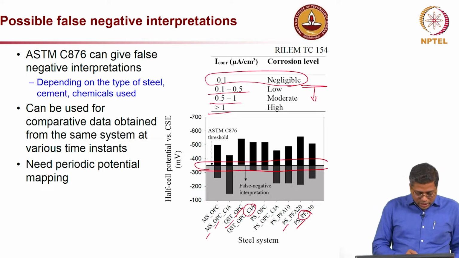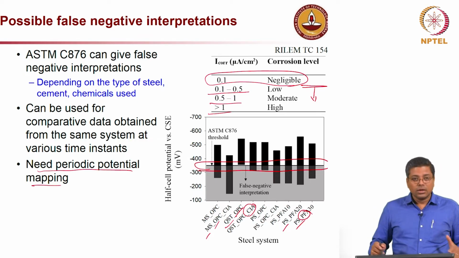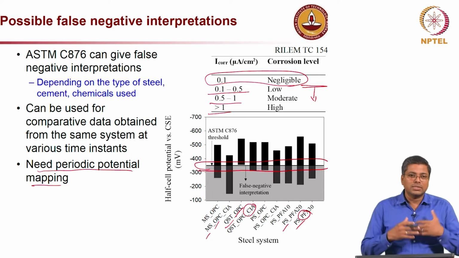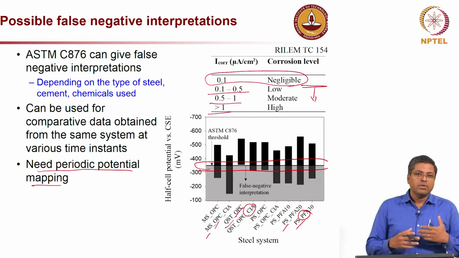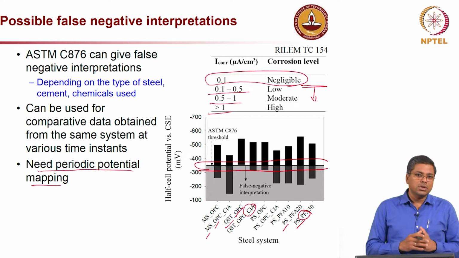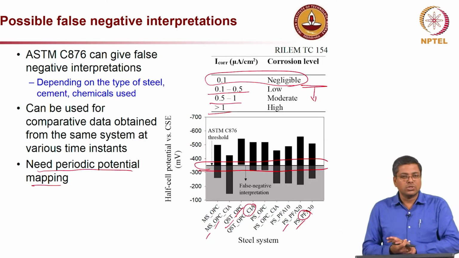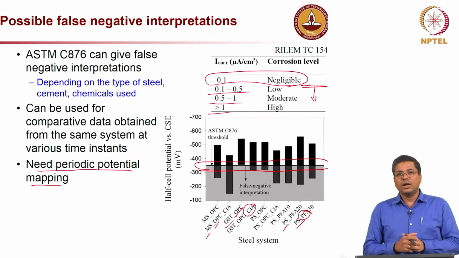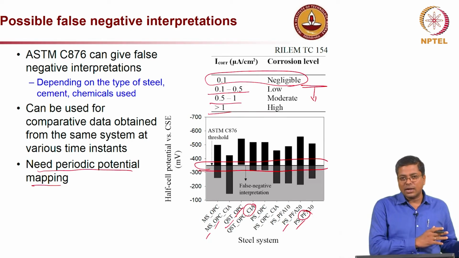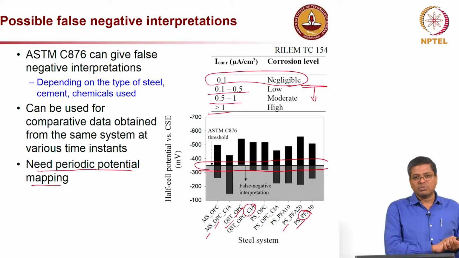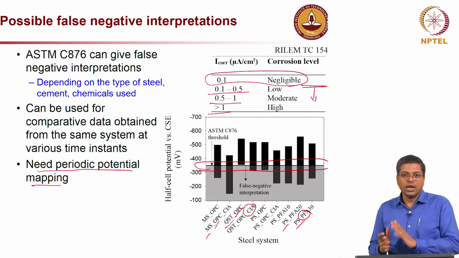Another thing is, if you make periodic measurements, let us say after every couple of years depending on the importance of the structure, then we can say from the previous data that the potential has changed by this much. So something different is happening; maybe during the previous inspection there was no corrosion and now there is corrosion.